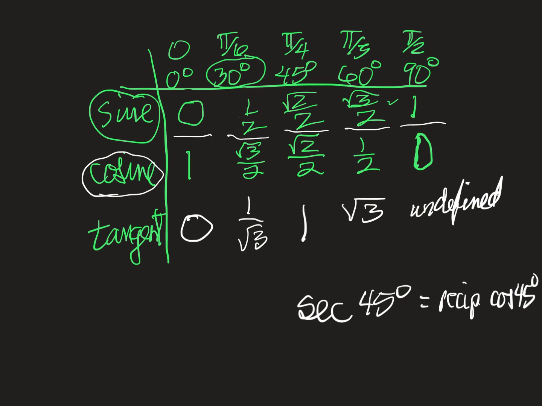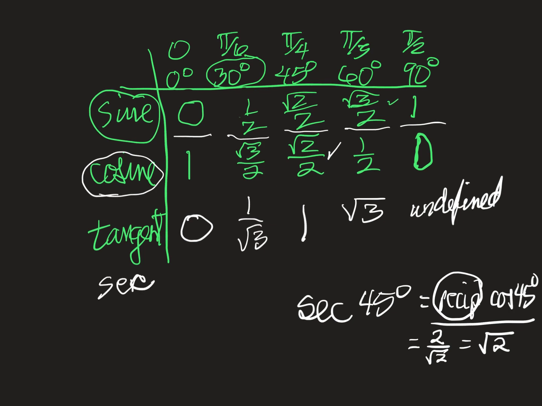This is how I think about it right here. Well, what's that equal to? Well, the cosine of 45 is square root of 2 over 2 right here. The reciprocal of that is 2 over the square root of 2, which is equal to just the square root of 2.